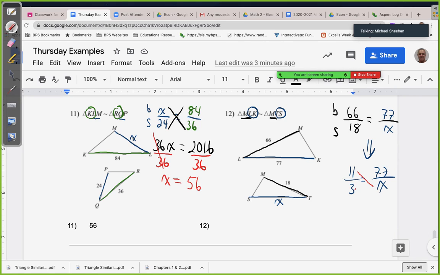Otherwise, we'll just cross multiply. 11 times X equals 3 times 77, which is 231 if I'm not mistaken. Now I'm going to divide both sides by 11. I'm going to get X equals 21.